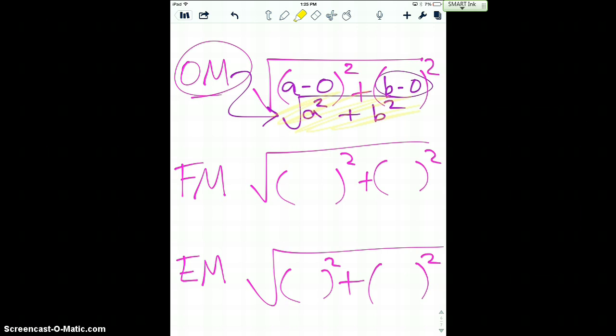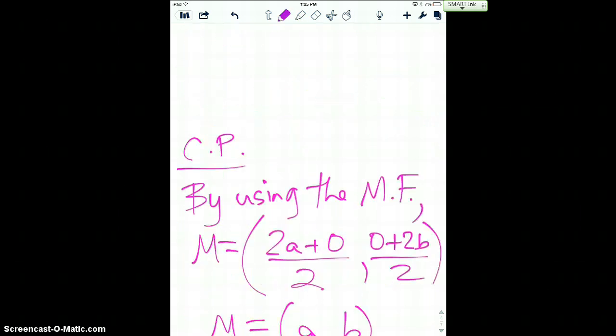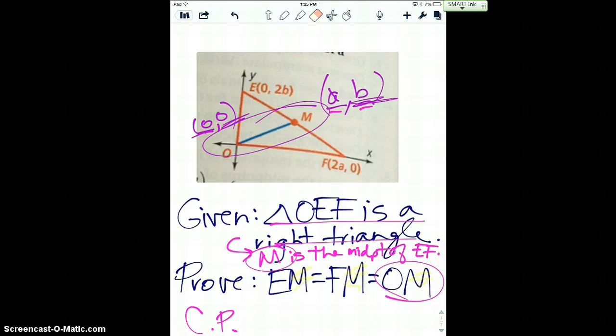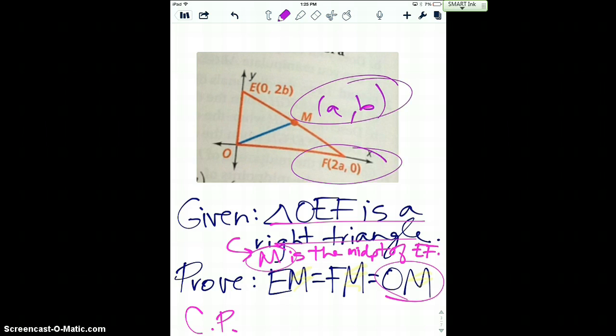And now the thing is, I want to make FM look that exact same way. So you want to set it up for yourself so that it does. So if I go to FM, now FM, I'm using M and I'm using F, and I'm going to subtract them in a way where I want to get a squared plus b squared underneath the root.